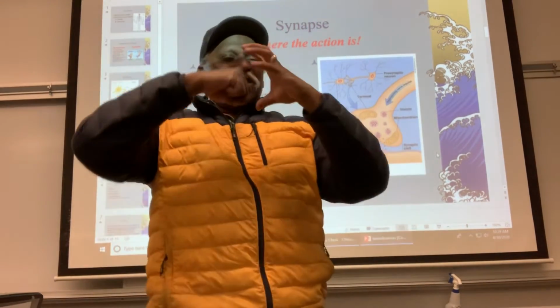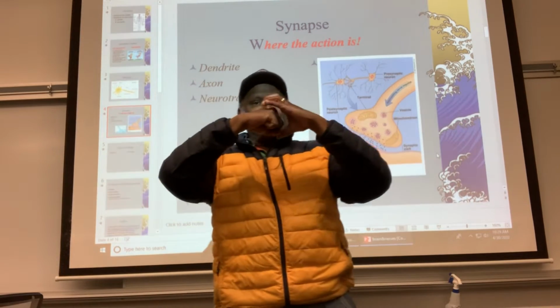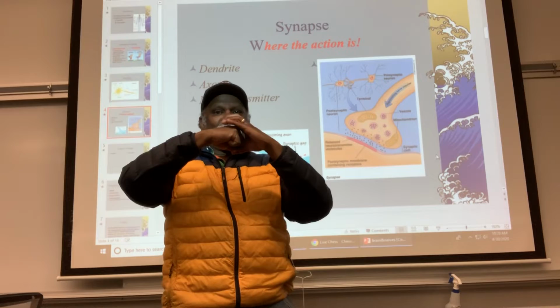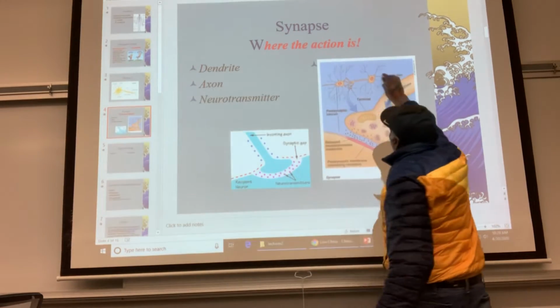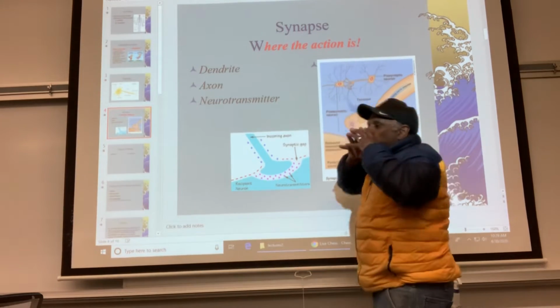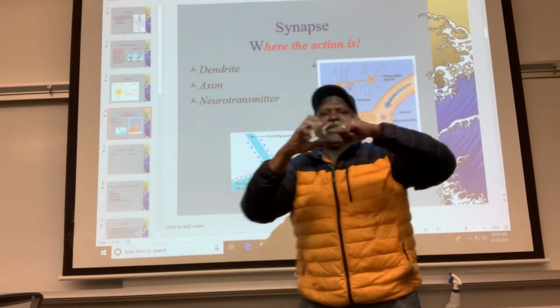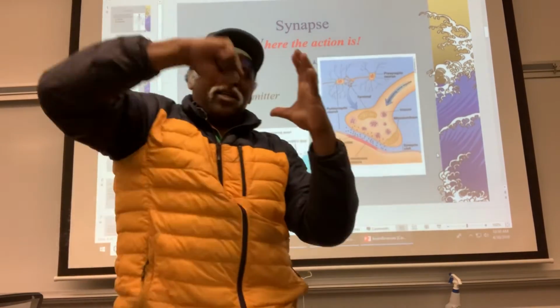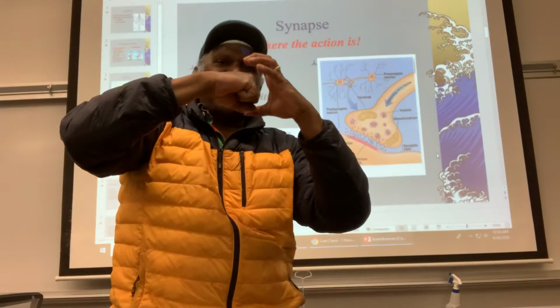Even though these neurons are really close, they never touch. What happens is, as the message goes down through the axon, it pushes a liquid or jelly substance into that synapse. Let's go back. You've got the axon and the dendrite, and then a liquid jelly substance fills that synapse.